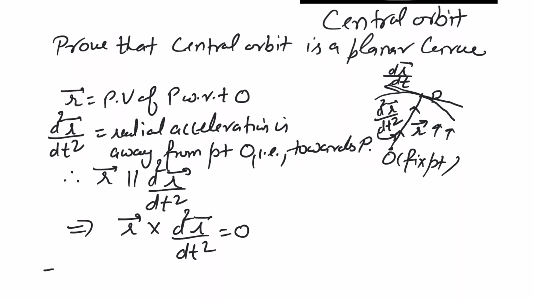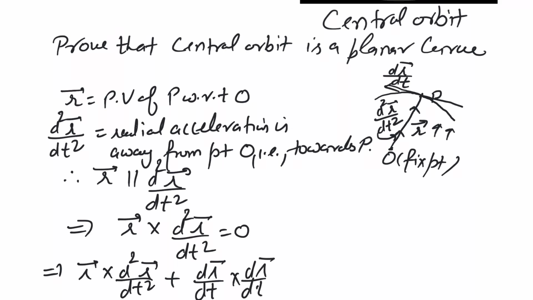Now this can be further written as r cross d square r by dt square plus dr by dt cross dr by dt equal to 0. This will not make any difference, because the cross product of two same vectors is always 0, so this addition is not making any difference, because a cross a is always 0.